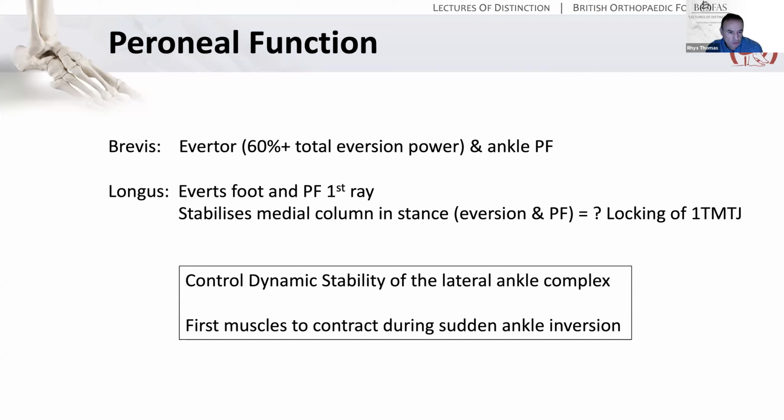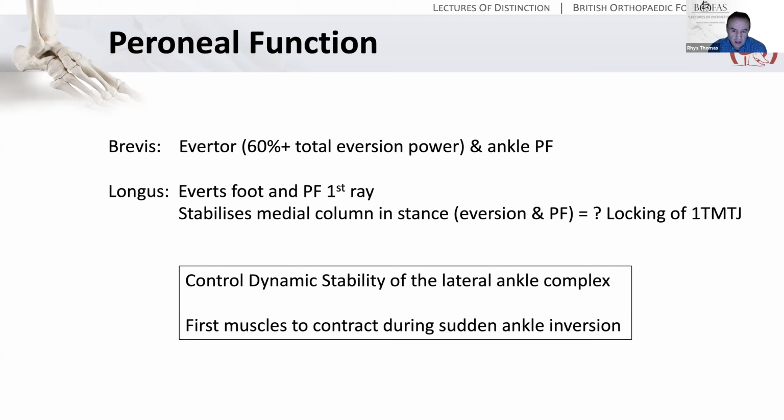The longus will evert the foot and has a degree of stability of the first ray. It stabilizes the medial column in stance, and this is thought to occur by locking of the first TMT joint. One thing that it probably doesn't do, but it's written up in all the textbooks, is actually cause significant plantar flexion of the first ray in a cavovarus foot.